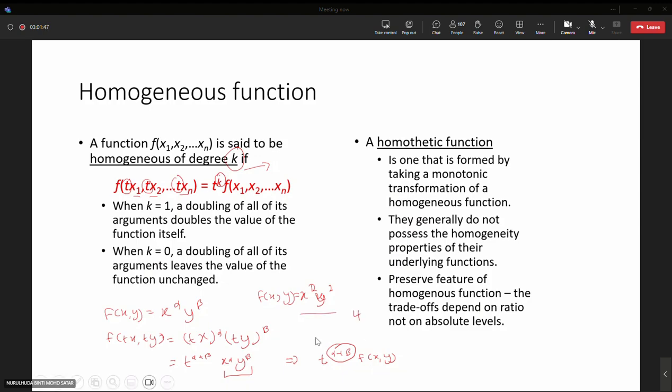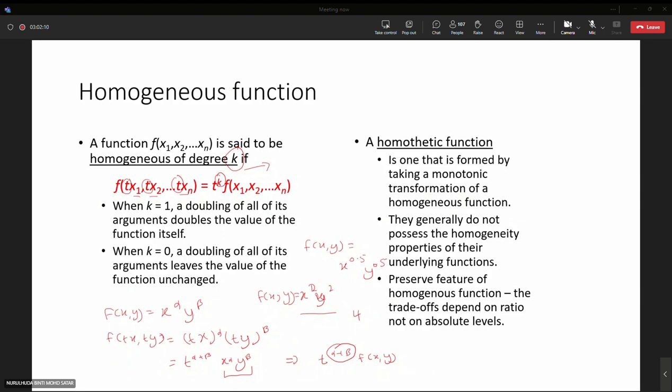Normally we have homogeneous of degree 1, that is if it's f(x, y) equals x to the power of 0.5, y to the power of 0.5. This function is homogeneous of degree 1 because it's 0.5 plus 0.5.